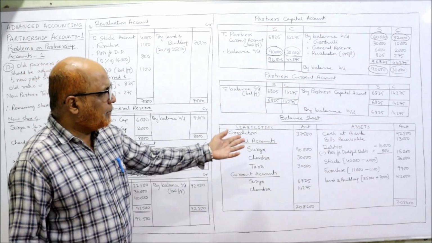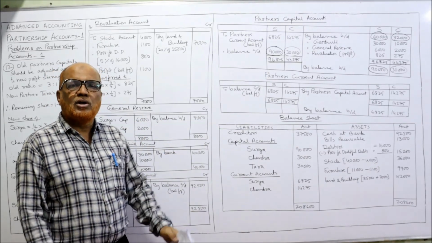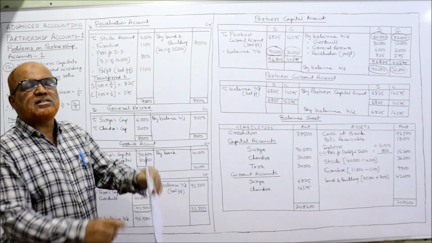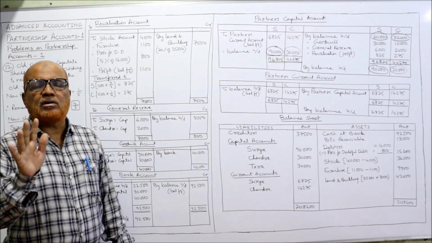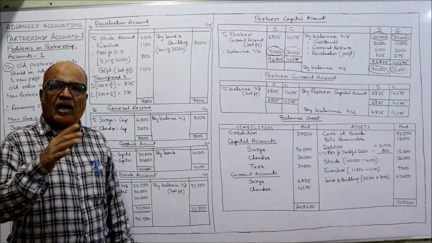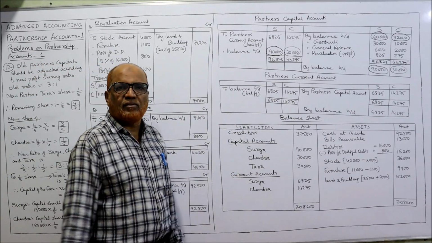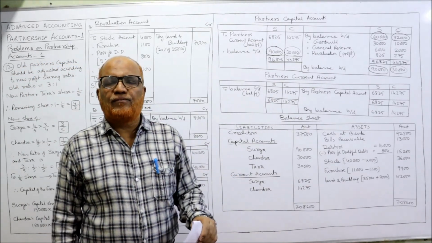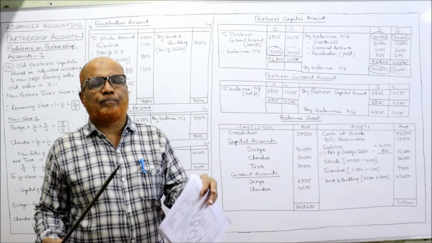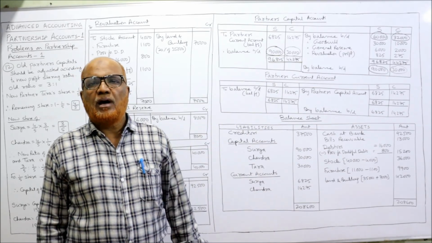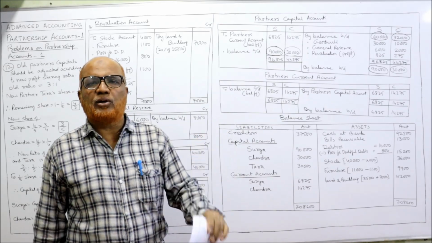Finally, we have to make the balance sheet. By seeing the old balance sheet, we can make the new balance sheet. Old balance sheet: creditors 37,500. We have not made any changes on creditors, so the same will appear in the new balance sheet. General reserve was already shared by the old partners, so it will not come. Then capital accounts. Earlier only two partners were there, Surya and Chandra, 60,000 and 32,000.